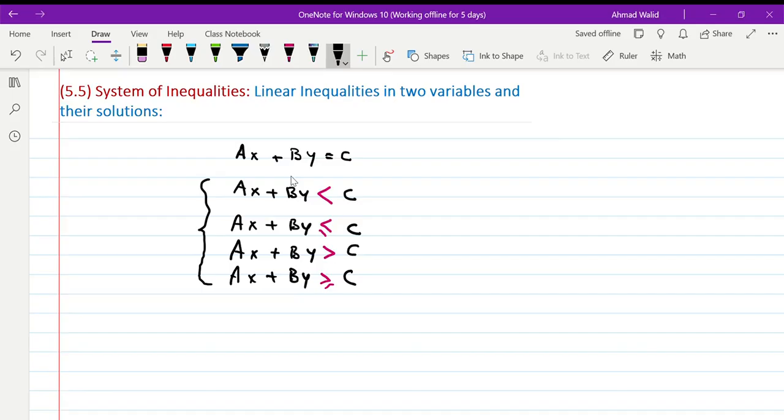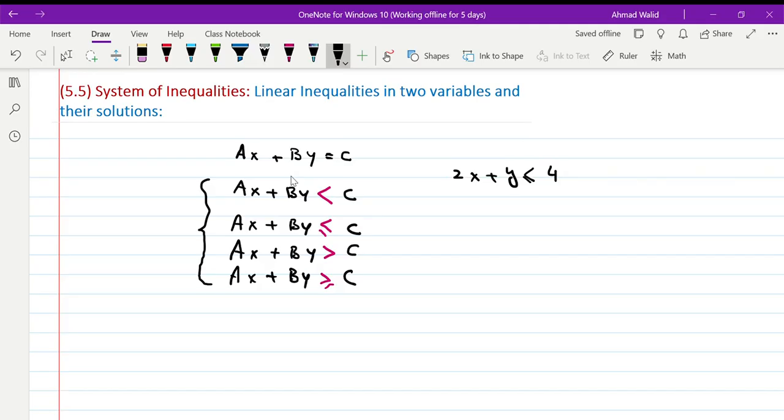Remember, we solved them. We show our answer on the number line, and we write our final answer in notation form, correct? For example, to bring everything back, if I have 2x plus y less than or equal to 4, to solve this, we did this.